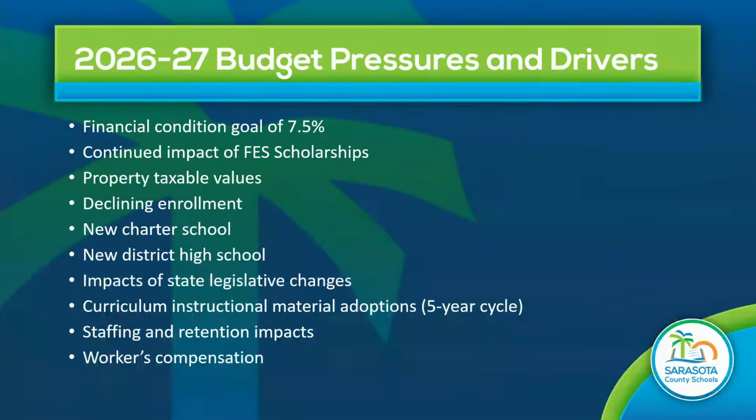So what are some of those pressures that we're facing and the drivers? Obviously, we want to continue to meet our board policy and our goal of a 7.5% financial condition each and every year. We're continuing to look at the increase in the impacts of the Florida Empowerment scholarships. We're looking at our taxable values. I can tell you over the last 5 years, there have been some pretty significant, large increases in that.